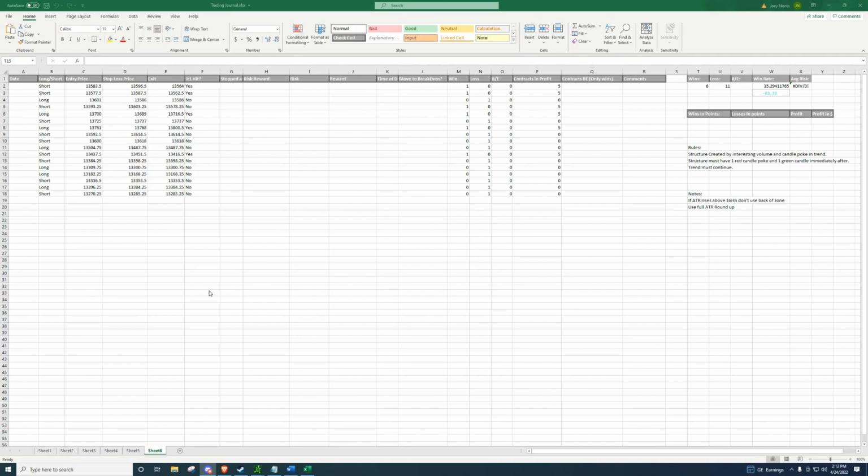So it's important to note that you definitely want to try and stay above the 1-to-1 ratio if you can, and try and stick to your 2-to-1 ratios for your risk size, basically.